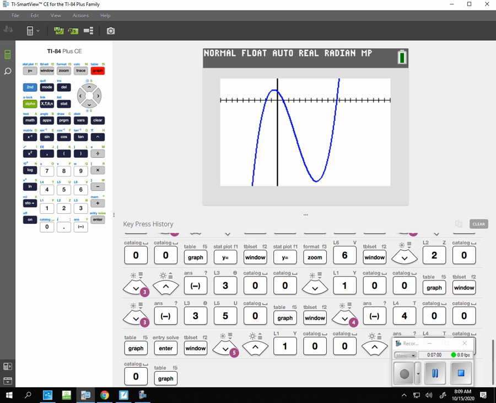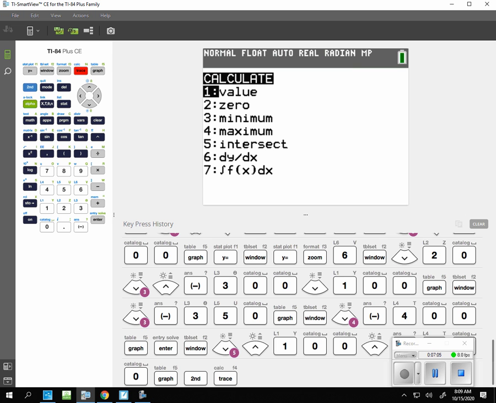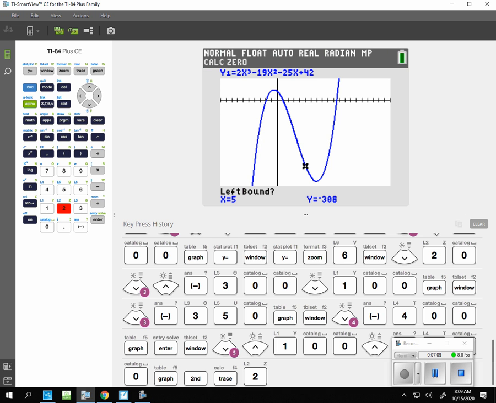So I'm going to hit second, calculate, and I want to know the zero, so I'm going to do number 2. Left bound, right bound literally is telling the calculator I want to know what the zero is between two things. So if I go above and hit enter, that's to the left of it, and if I go below and hit enter, that's to the right of it, and so I want to know the zero in between there.